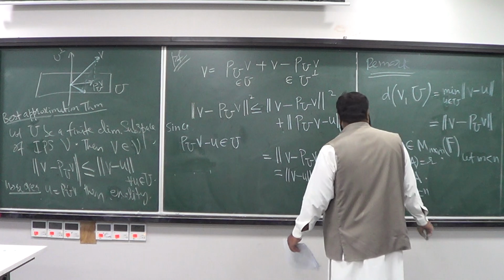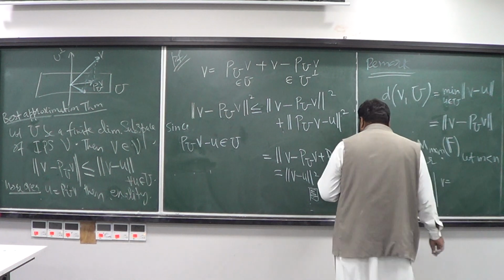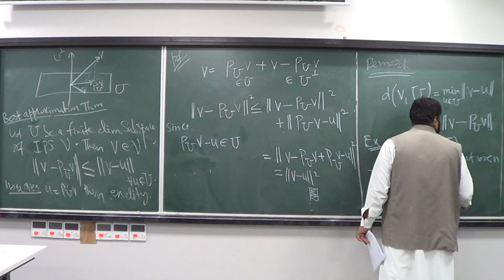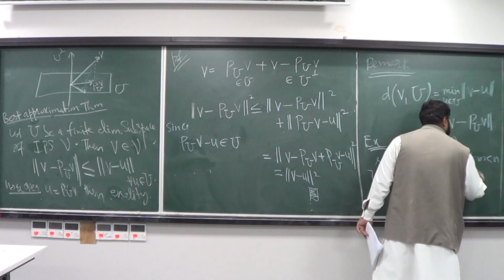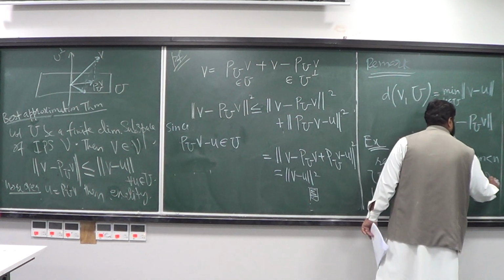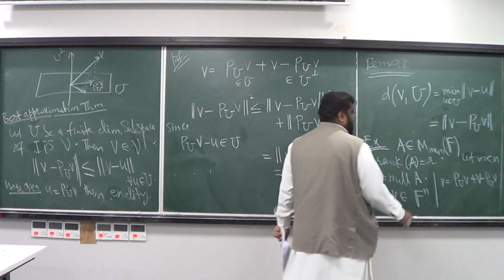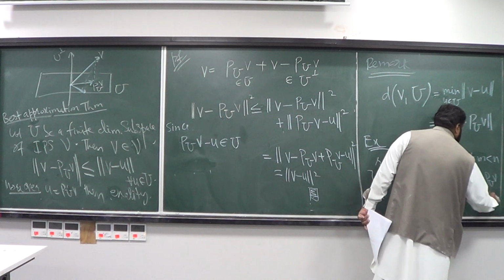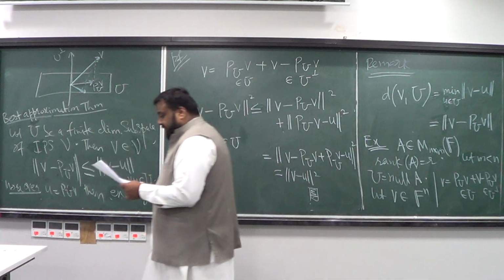Then I know that V can be written as the orthogonal projection of V onto the null space of A, plus V minus the orthogonal projection. Obviously the first part belongs to the space U and the second belongs to the space U perp.